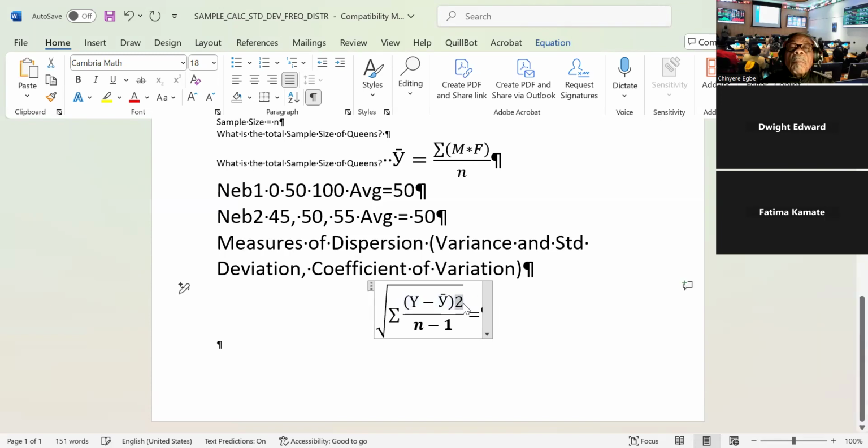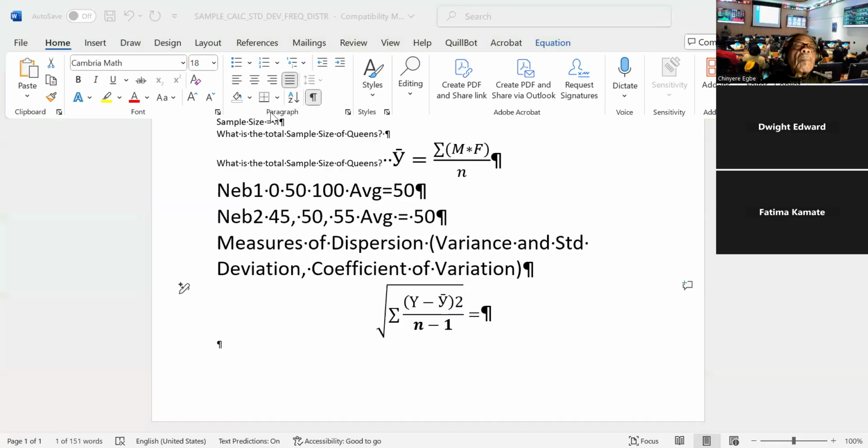Okay, so you take y minus y bar and square it for each observation, okay?